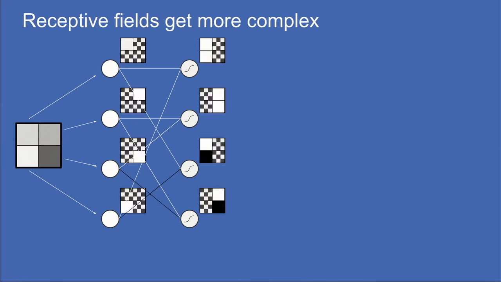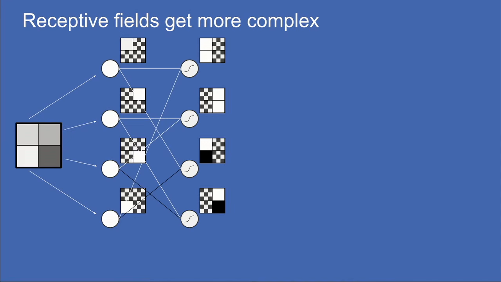We can see that the receptive fields have gotten more complex. If you look at the neuron in the first layer on the top, you can see how it combines the inputs from the upper left pixel and the lower left pixel. Both of the weights are positive, those lines are white, and so its receptive field is, if both of those pixels on the left are white, then it has the highest value it can possibly have.